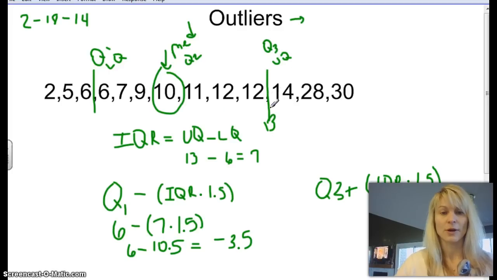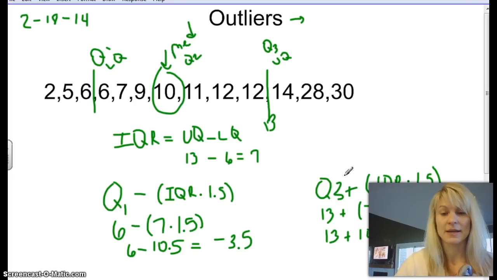So let's see, our Q3, our upper quartile, is 13, and then plus. And we already determined our interquartile range is 7, and it's still times 1.5. So we would have 13 plus, and then we already know this is 10.5. So we have an outlier if our number is 23.5 or more.